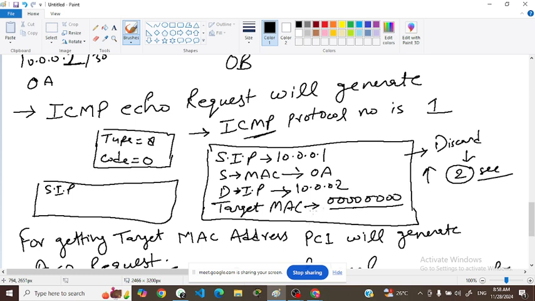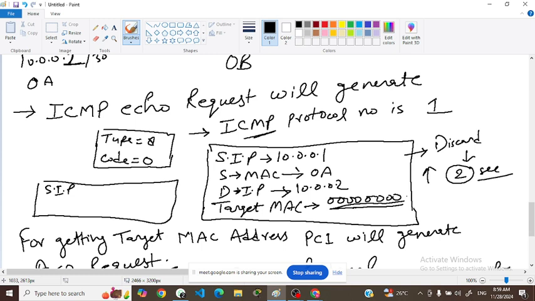First of all, PC1 will check this destination IP address's MAC address in its MAC table, the MAC table of PC1. It will not get the destination MAC address. Then PC1 will write the destination MAC address as 0, 0, 0.